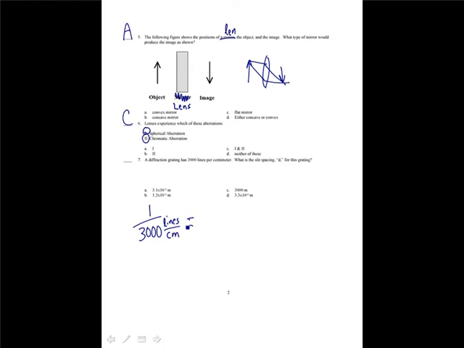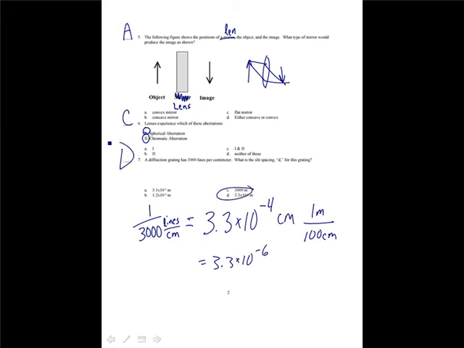And 1 over 3,000 is equal to 3.3 times 10 to the minus 4. That's in centimeters. And then you divide this by 100, 1 meter over 100 centimeters. That gives you 3.3 times 10 to the minus 6. That is D. Number 7 is D.